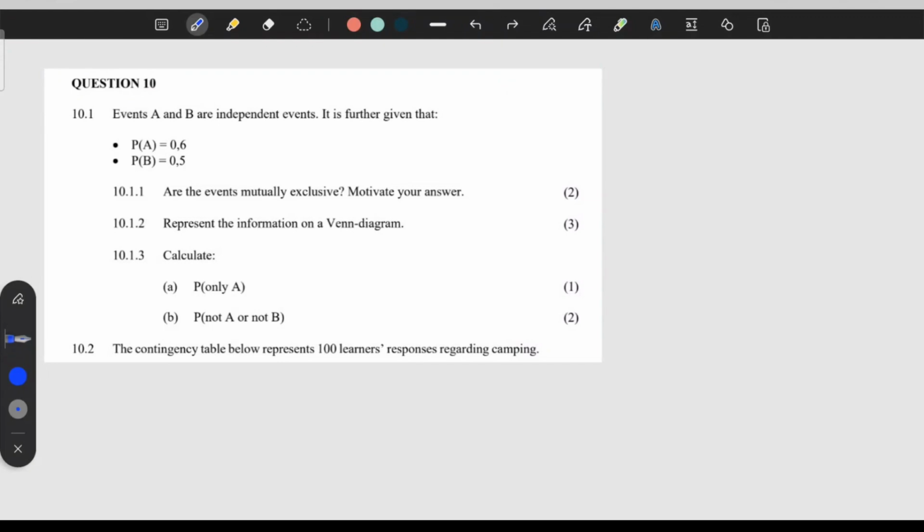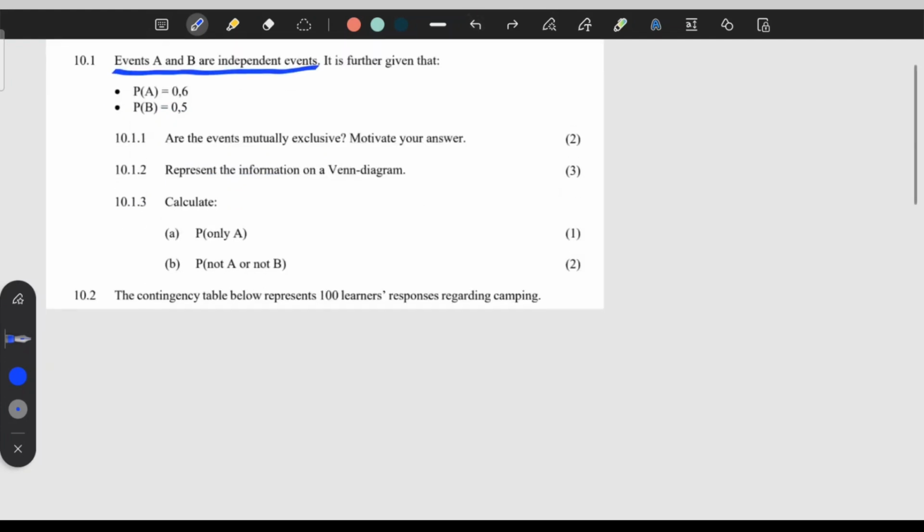This is question 10 from a different question paper. It says events A and B are independent. Okay, so the events are definitely independent. And P of A is 0,6 and P of B is 0,5. Then the question is, are the events mutually exclusive? Motivate your answer.